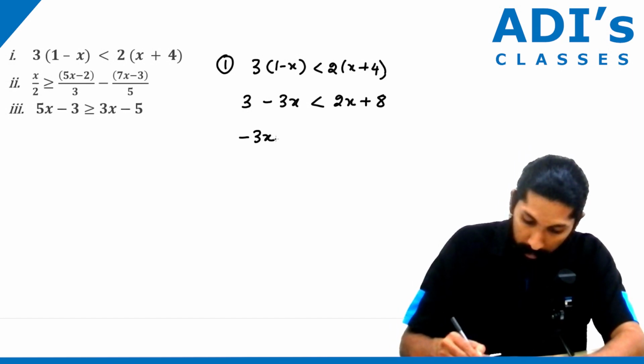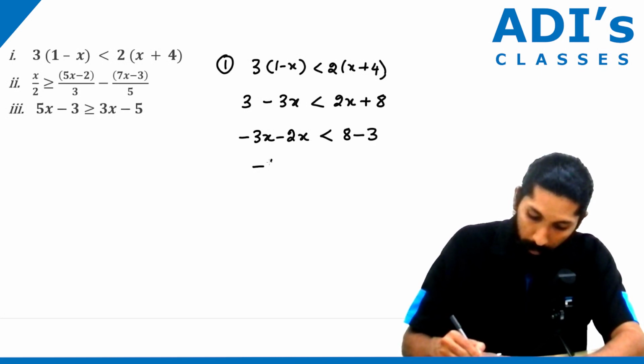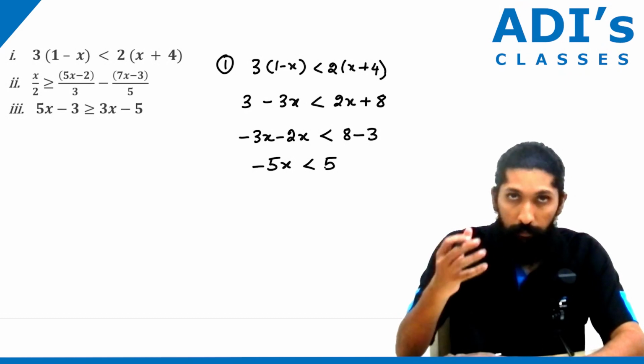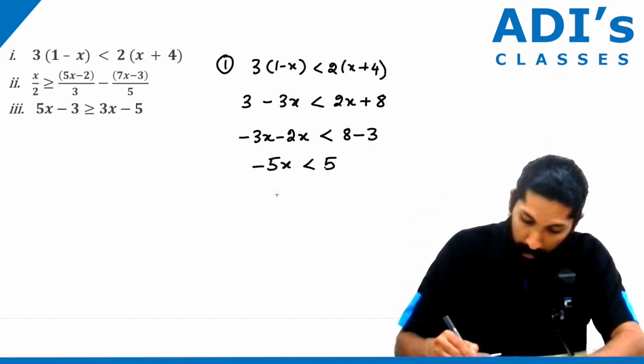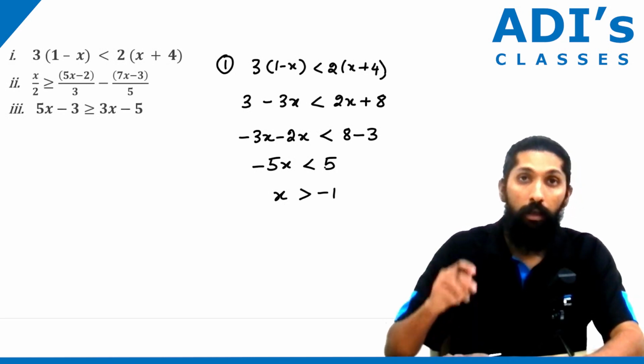Minus 3x minus 2x is less than 8 minus 3. Minus 5x is less than 5. Divide by minus 5 to get the value for x. When you divide by minus 5, x is greater than minus 1.